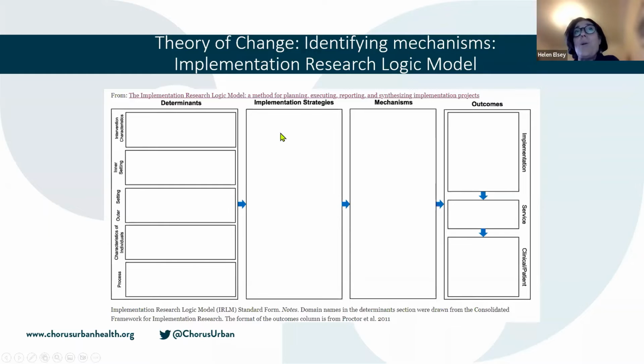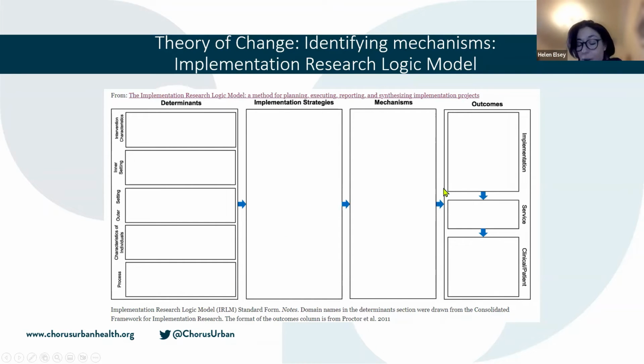To give an example, for some of you I know worked on the TB and tobacco project, and some of the key implementation strategies were changing recording and reporting forms, training health workers, and changing supervision practices, to really make the intervention happen.